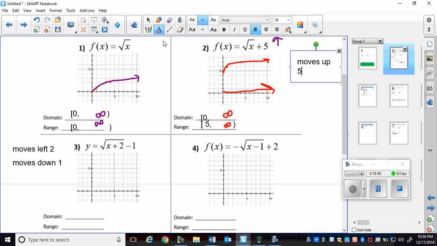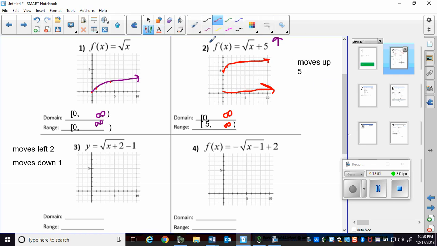So we use the same points, right? Same points. So for that 0, 0, I move left 2, and I move down 1. So I start at negative 2, negative 1. Here's my first point. That means my other point, start at 1, 1, and move left 2, down 1. That's negative 1, negative 1.